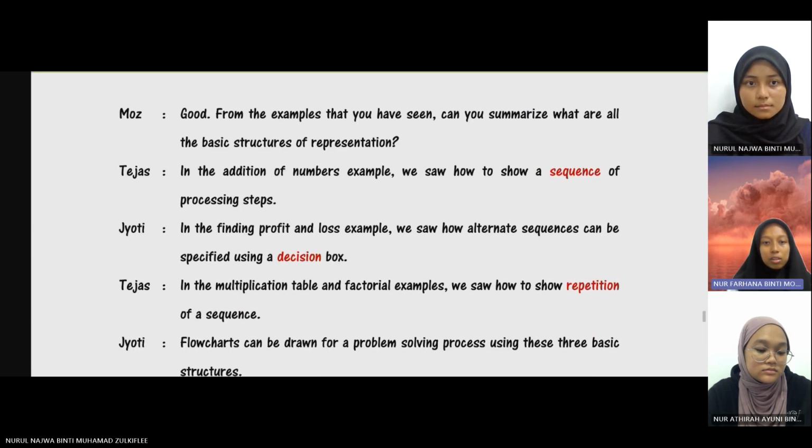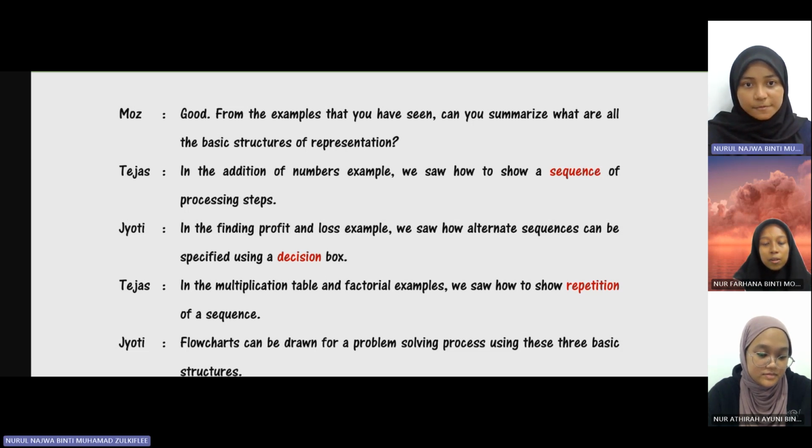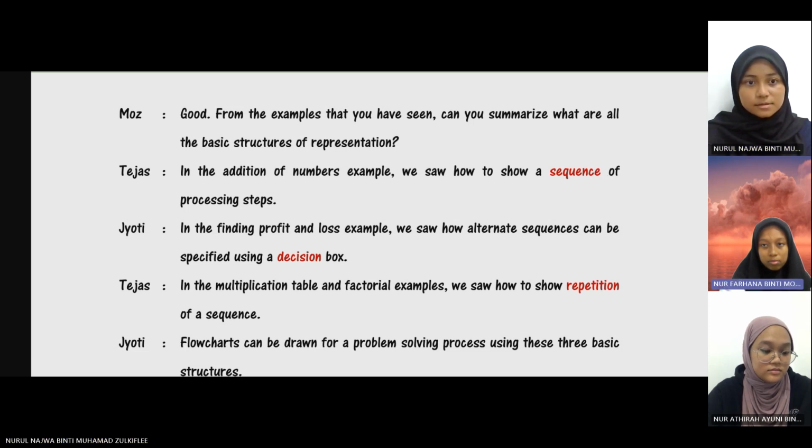Good. From the examples that you have seen, can you summarize what are all the basic structures of the representation? In the addition of numbers example, we saw how to show a sequence of processing steps. In the finding profit and loss example, we saw how the alternate sequence can be specified using a decision box.